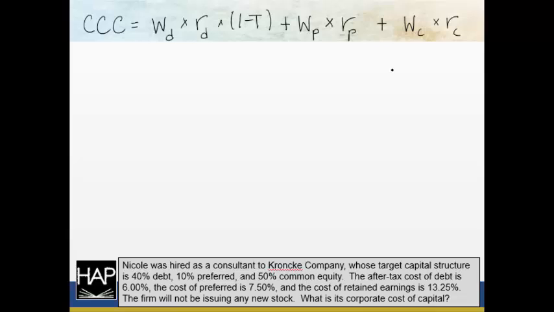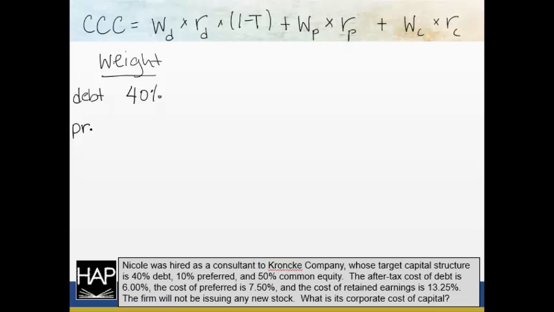In this example, we know that the company's target capital structure lays out the weights of each type of capital. So we know that debt is at 40% of the capital structure.